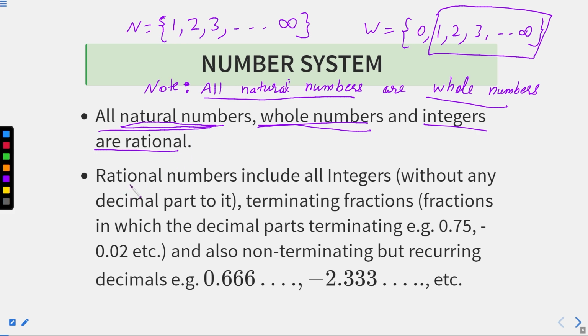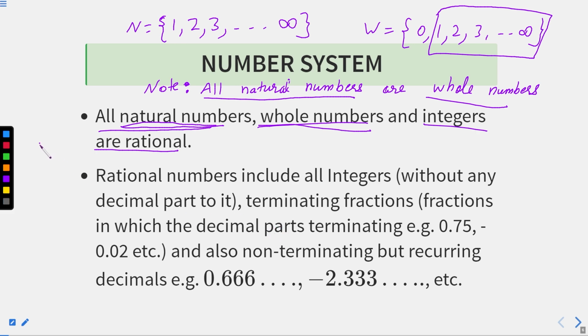Now the second point: the rational numbers include all integers, without any decimal part to them. I have already told you. Now, terminating fractions, in which the decimal part terminates. So we are talking about fractions.